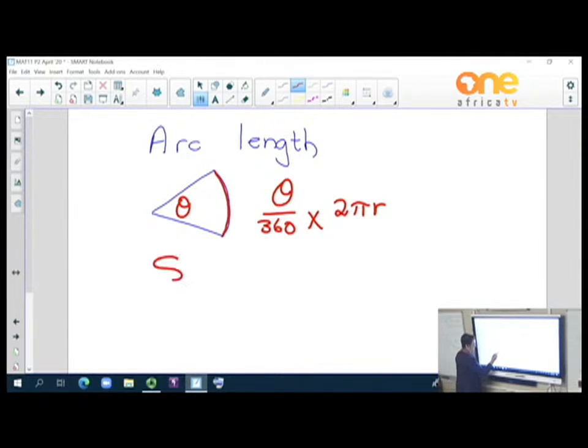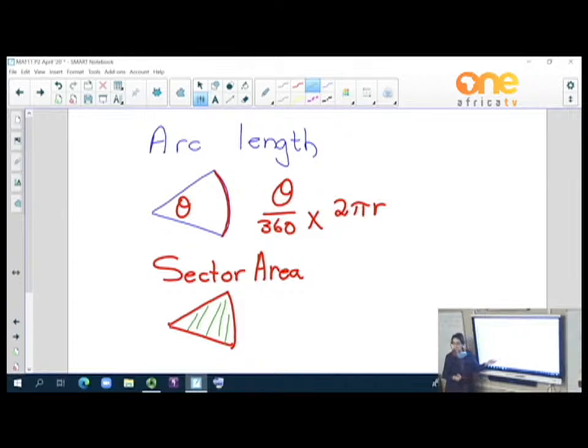Right, and then the sector area. The sector area, as we said, this is now the piece of cake that you want to eat, or the piece of pizza or whatever. This is the sector area that we're talking about. This is part of what? No, of the area. It's part of the whole pizza.